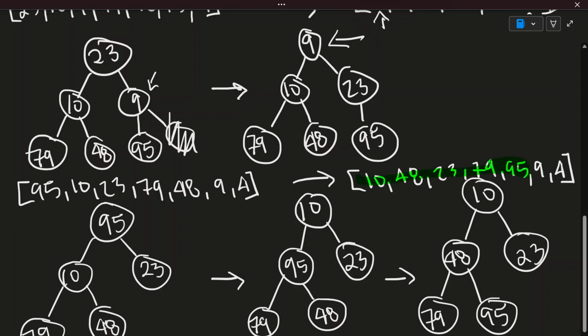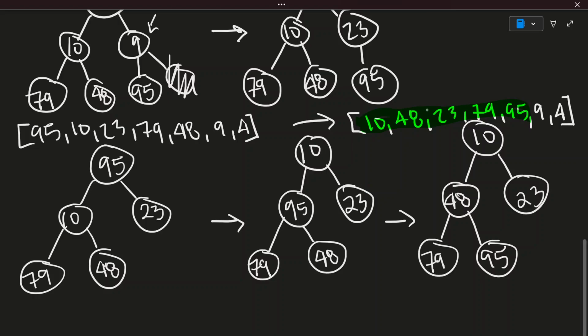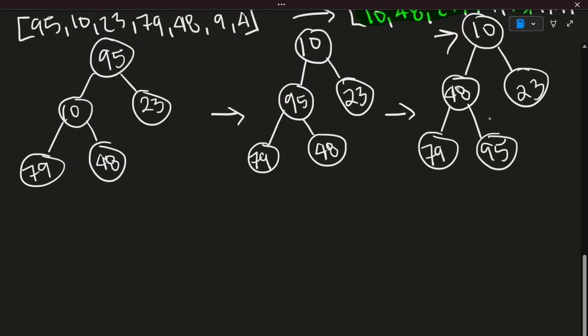And this is our heap. So the new top is 10. We're swapping it with 95 yet again. So let's write that out. And then let's remove 10 from the heap.